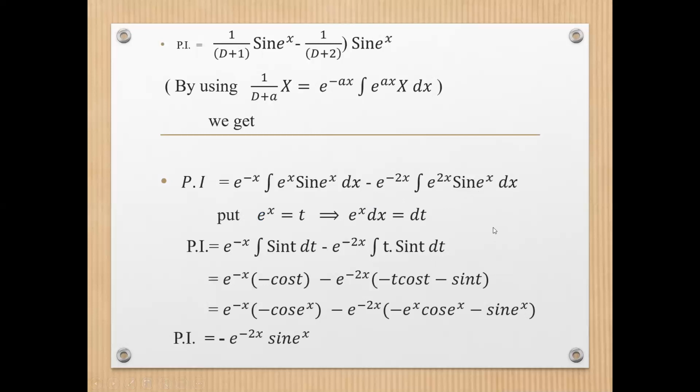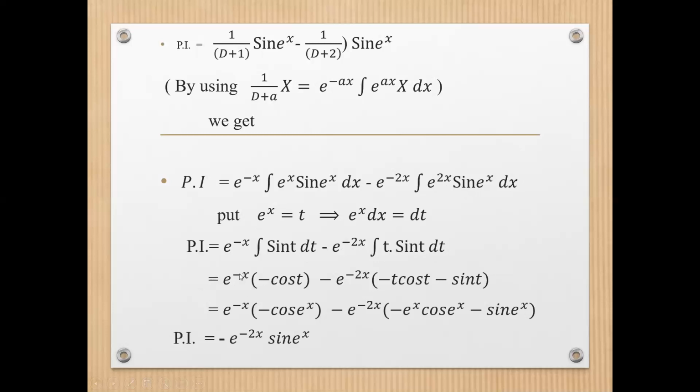One more thing: here, e raised to 2x can be written as e raised to x into e raised to x, into sin e raised to x dx. So here there are two e raised to x. One e raised to x into dx we can write as dt. Sin e raised to x can be written as sin t, and instead of the other e raised to x, we write t. So this e raised to 2x sin e raised to x dx can be written as integration t sin t dt. Okay, now integrate sin t and integrate t sin t dt.